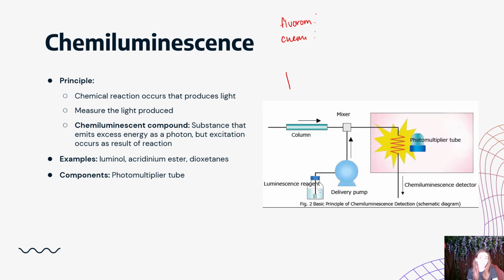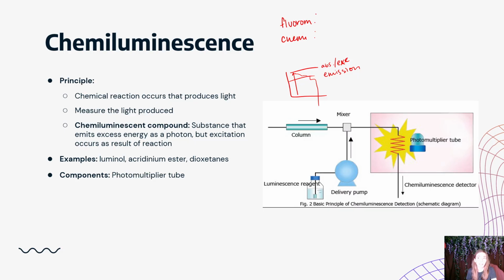They are both based on the same principle of I'm exciting something all the way up here, and then when I hit the emission state there, I lose all of the energy, right? They're based on that same principle. So we have our absorbance versus our excitation versus our emission.